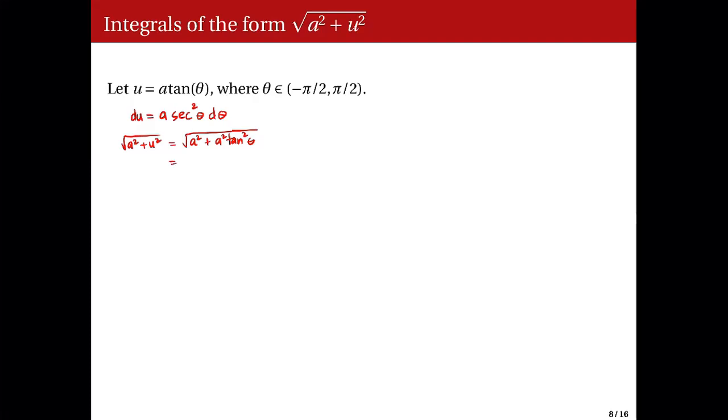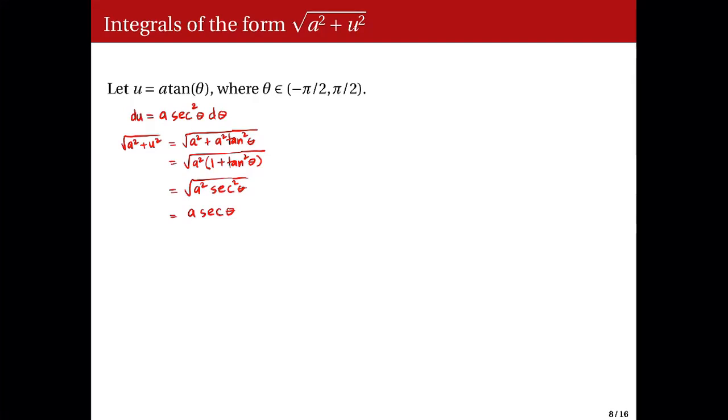You factor out a squared, so you will have a squared times 1 plus tangent squared theta. And this 1 plus tangent squared theta is just your secant squared theta. So you have square root of a squared secant squared theta. And again, we take the square root. This is just a secant theta.